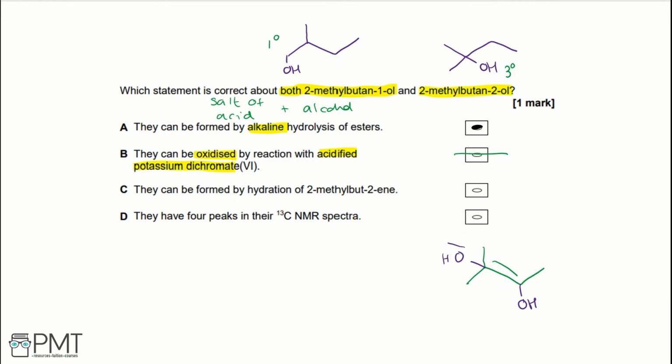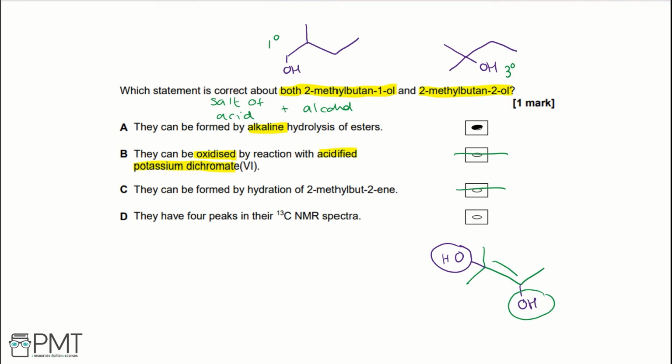This second OH group is correct for 2-methylbutan-2-ol. But the first one, where we have it on carbon number 3, isn't 2-methylbutan-1-ol, so this can't be correct. You'll only form 2-methylbutan-2-ol from this method. So our answer can't be C.